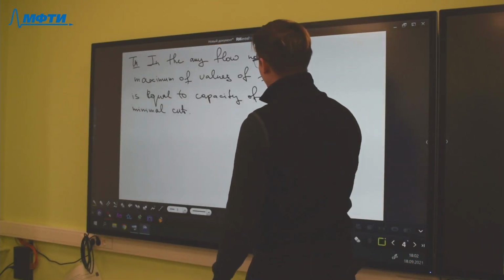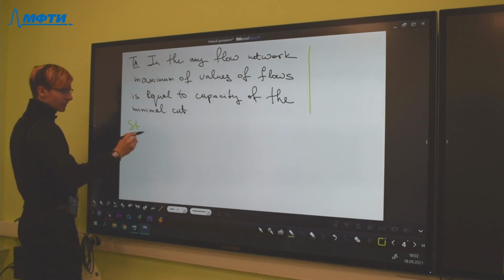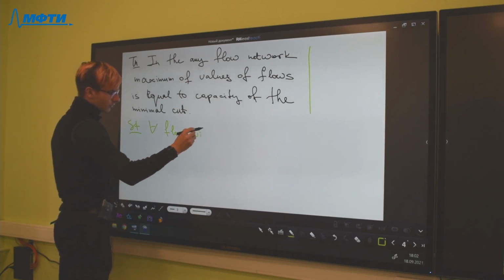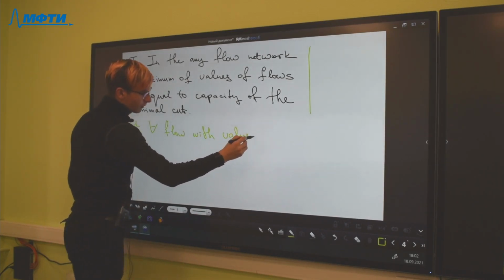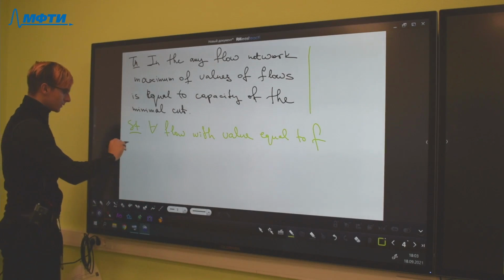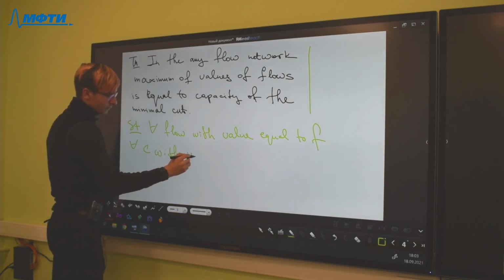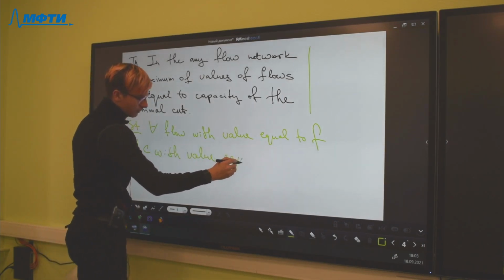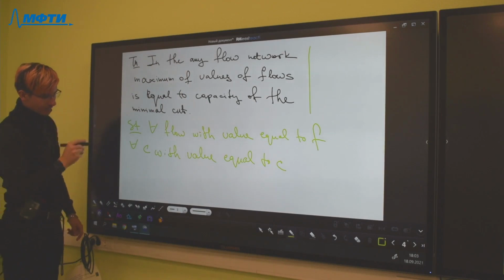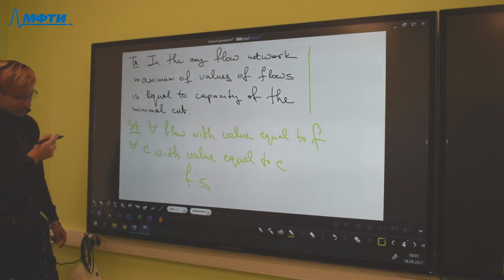It's an important theorem and a very simple statement that for each flow with value equal to f, and for each cut with value equal to c, we can say that f is not bigger than c.